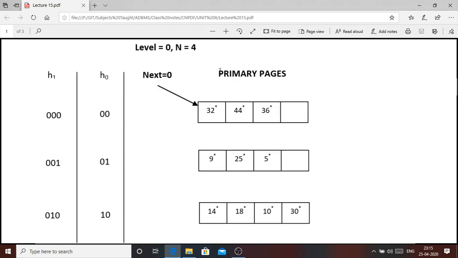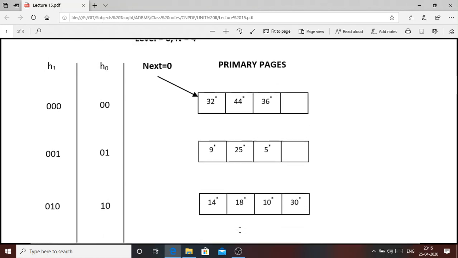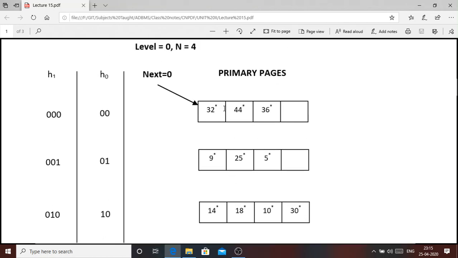Say this is the initial configuration where you have these 4 buckets, and the first bucket here is where the next pointer initially points. Now here first we are taking h0, though h1 is here. Identifying 4 buckets, 2 bits are sufficient, but you will be writing both functions, as I already told you, a family of hash functions.